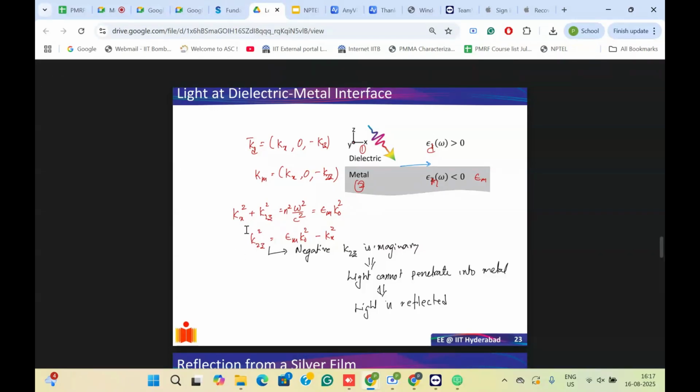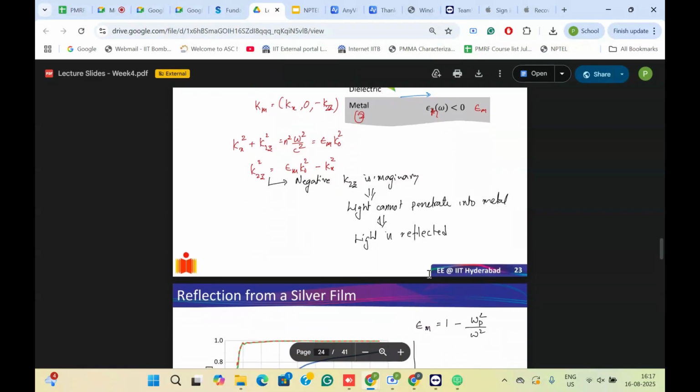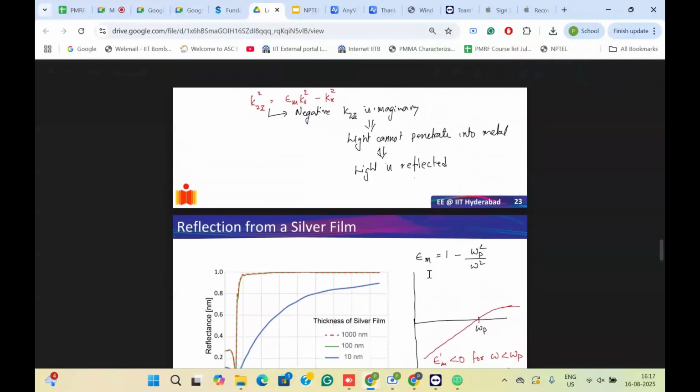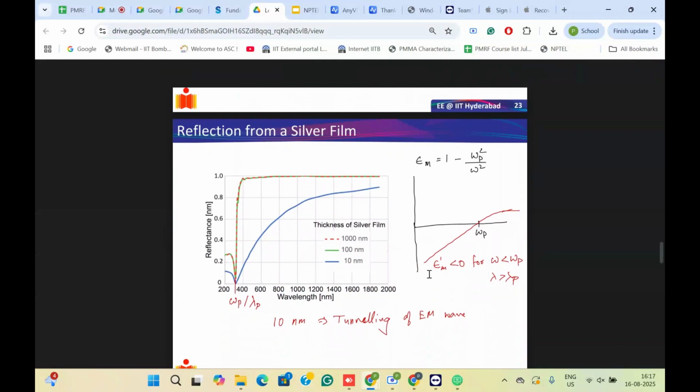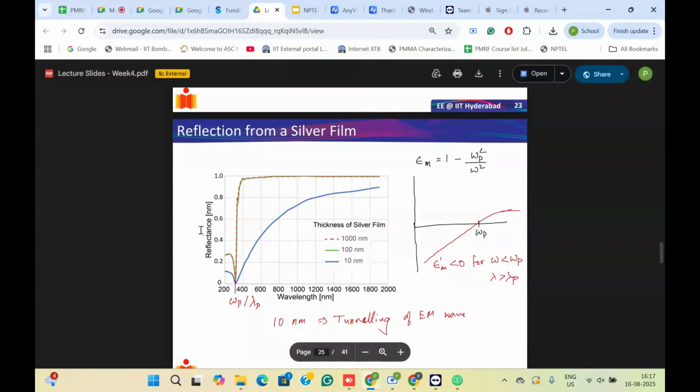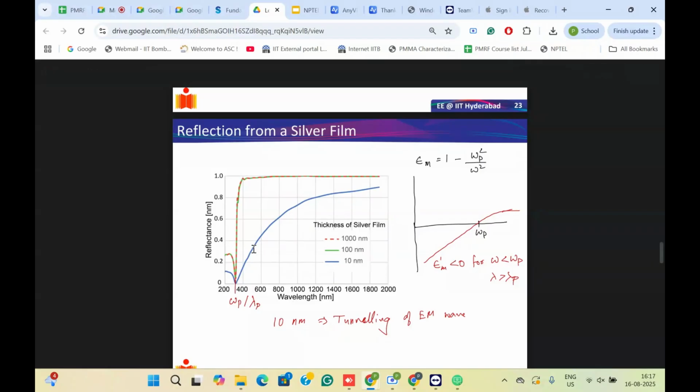If this kz is imaginary, light will not penetrate into the metal. Light will be reflected. Now consider the reflection from silver. You can see in this plot wavelength versus reflectance. There are three thicknesses of silver given: 10 nanometers, 100 nanometers, and 1000 nanometers.